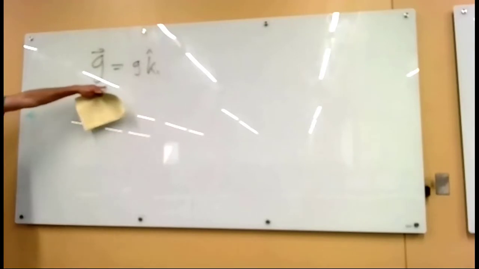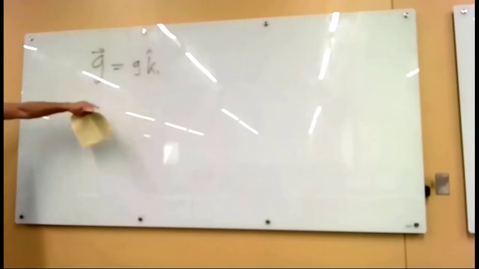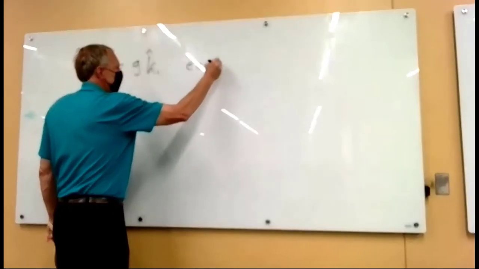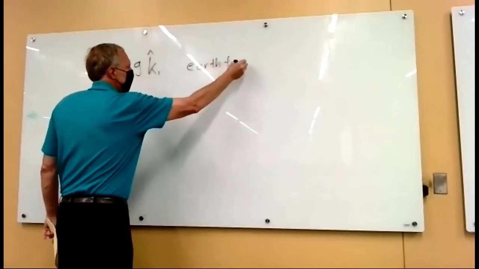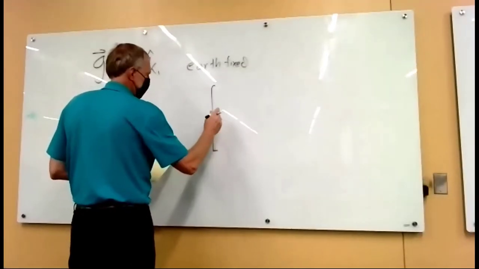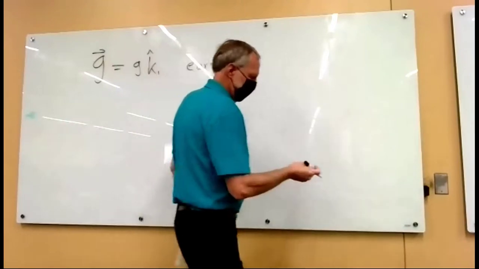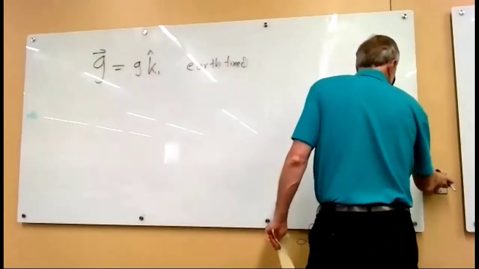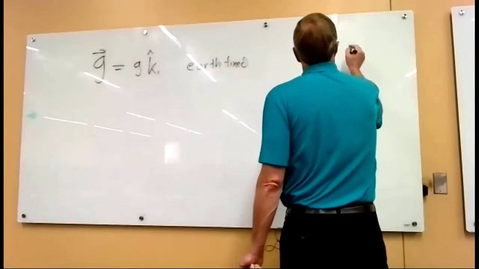This is before any of those rotations, so this is Earth fixed. We need to take that vector and send it through those rotations to figure out what it is in the body fixed axis system.